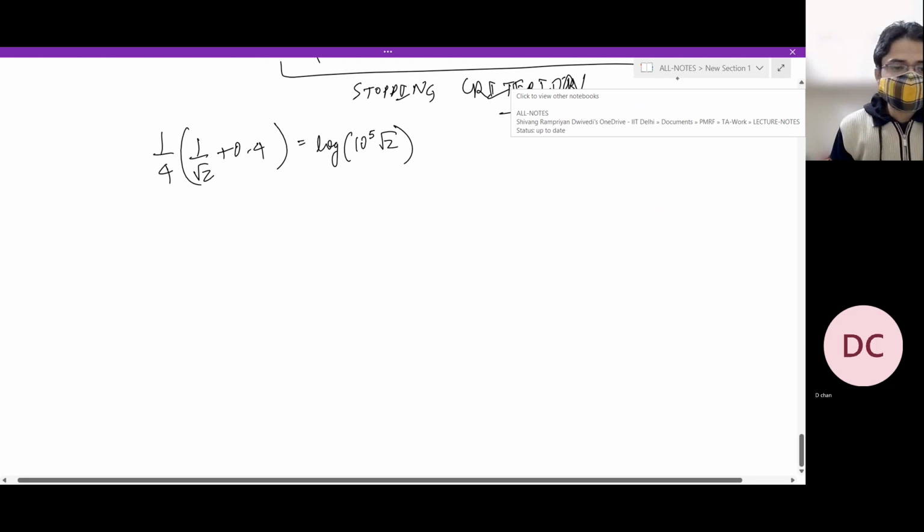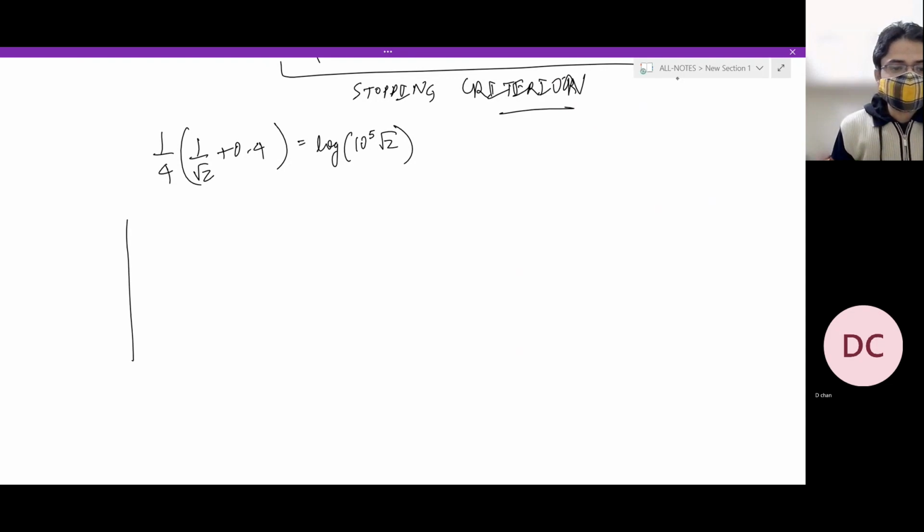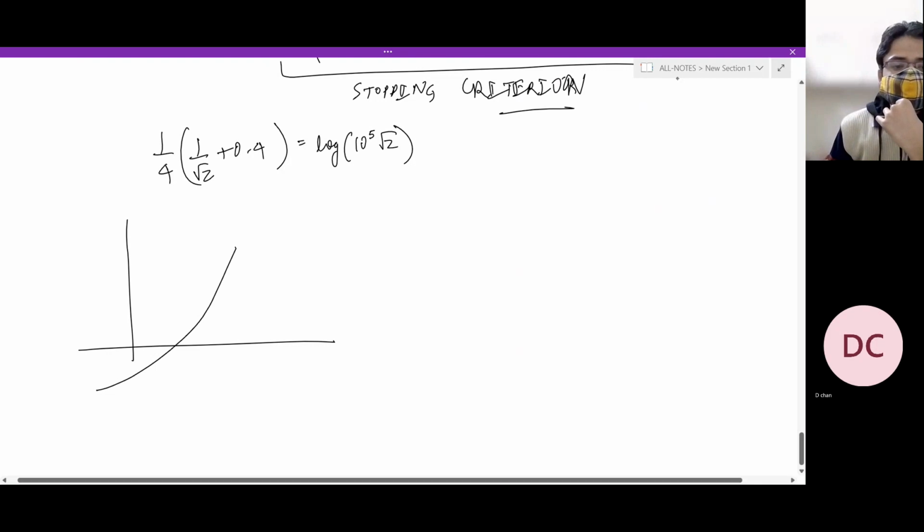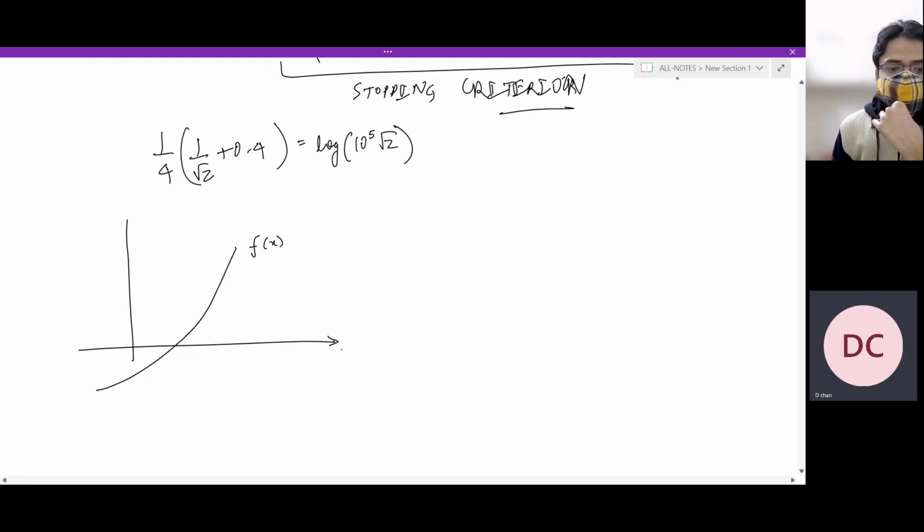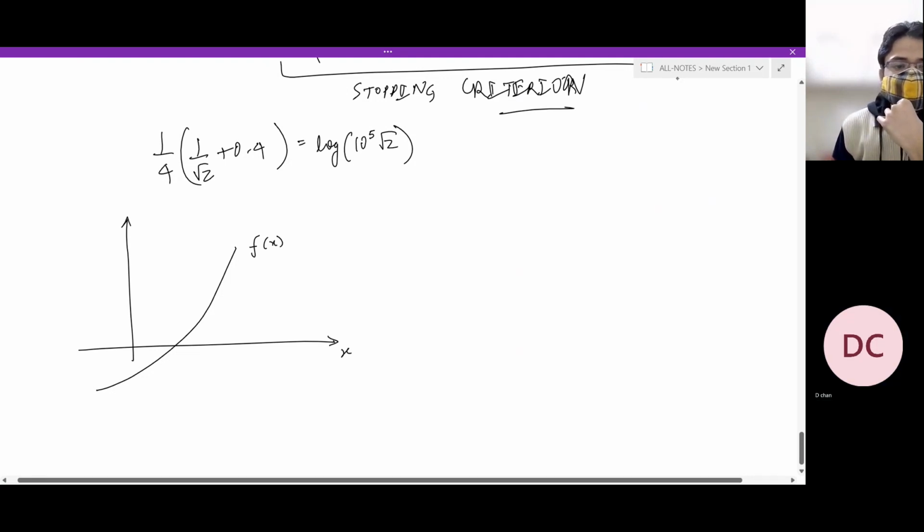So what I would like to say here is that now we'll go into some details. Assume that you have a curve, okay? Let's say it looks something like this. Let's say this is f of x, and this you have x.